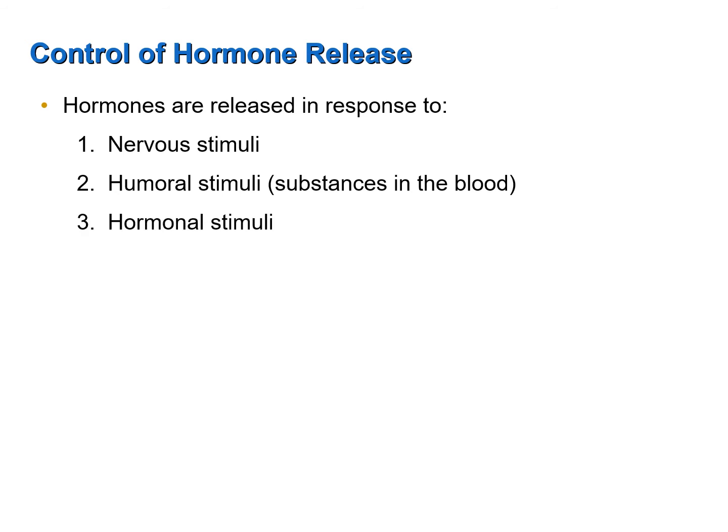Or hormonal stimuli, where tropic hormones, hormones that target other endocrine organs or tissues, cause the release of hormones by those target tissues. As we talk about different hormones and what causes those hormones to be secreted, you will find that what stimulates their secretion falls into one or more of these three categories.